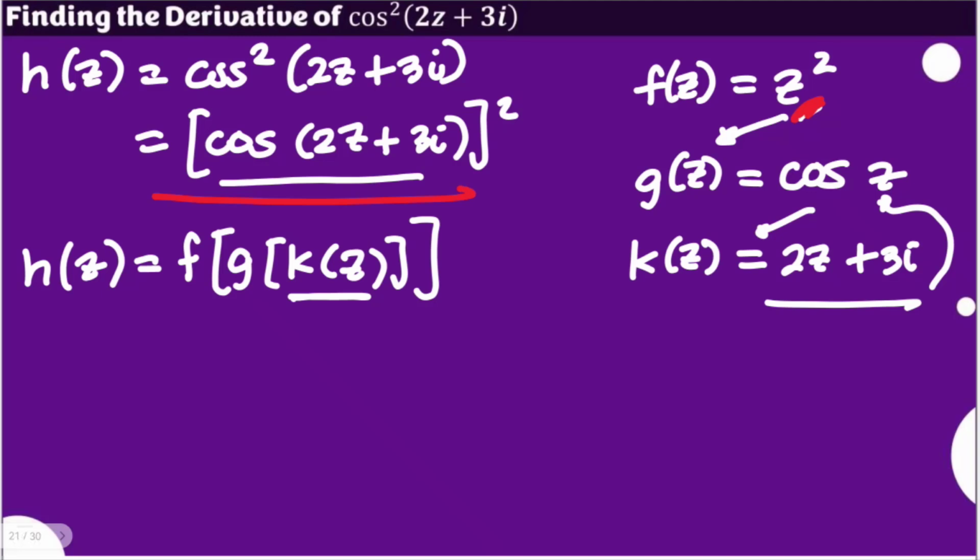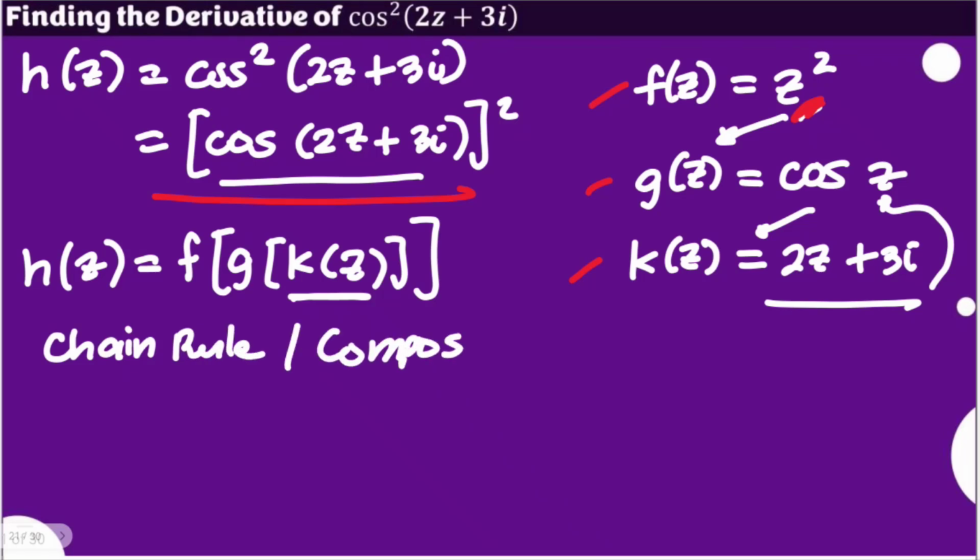So we're doing this, identifying all of these functions, because we're going to use, very importantly, the rule on differentiating composite functions. Another term used here is the chain rule. At this time, you will really see the form of a chain.